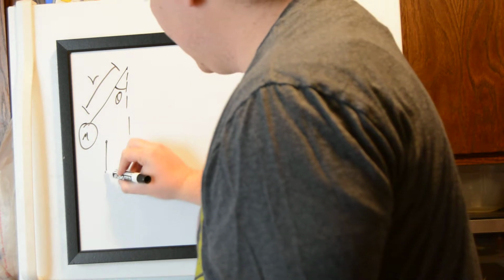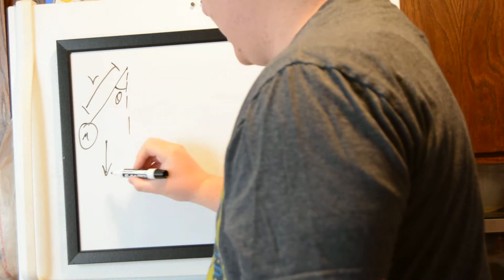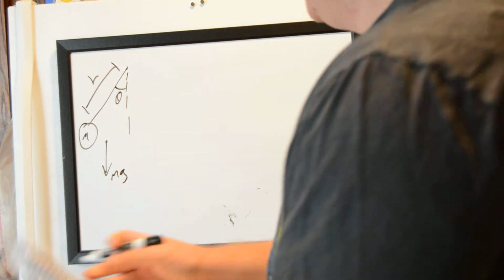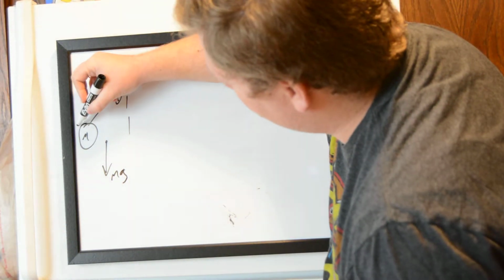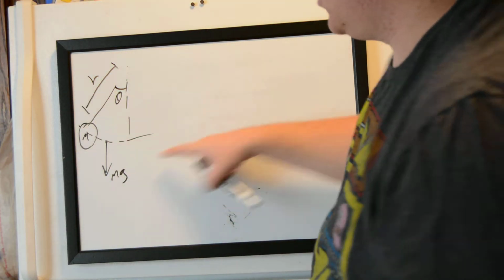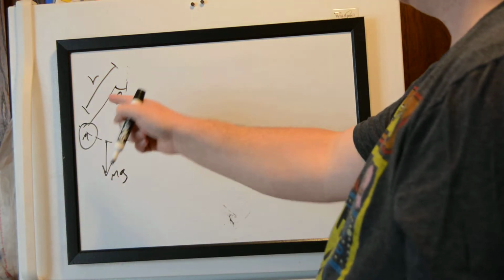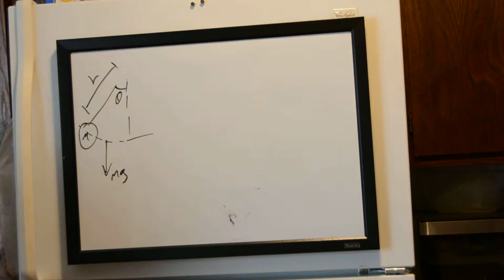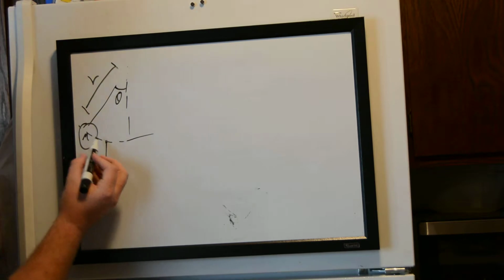We know that the thing bringing it down is its weight, so that's going to be mass times gravity. We can draw a little line there, showing the motion of the pendulum.